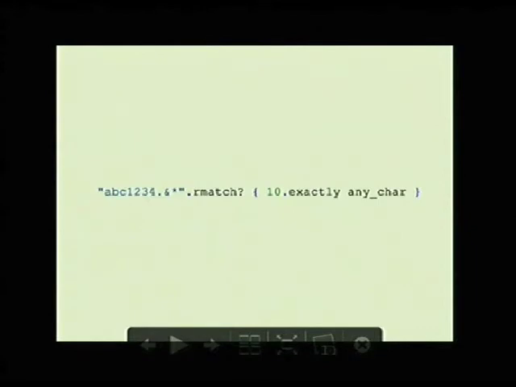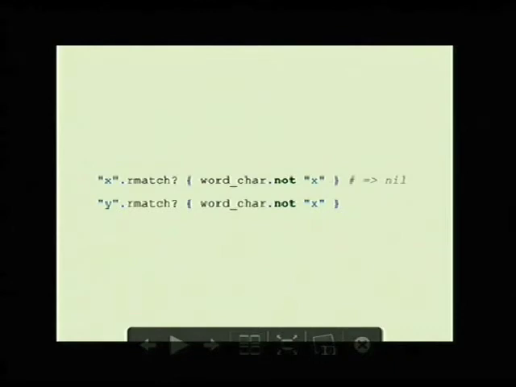Character sets: any character or any char matches any character. Letters, digits, word characters, which includes the underscore and all alphanumerics, white space, and you can even create your own with ranges of characters. So this is anything of 3 of A, B, or C. There's 2 kinds of negation.